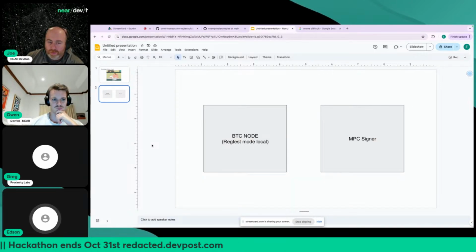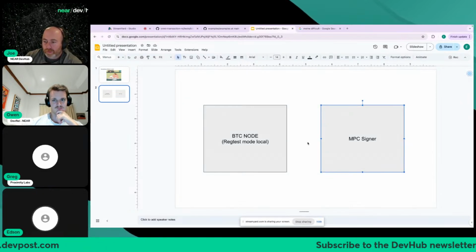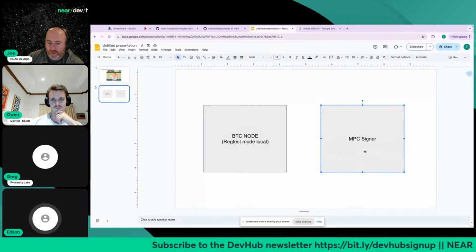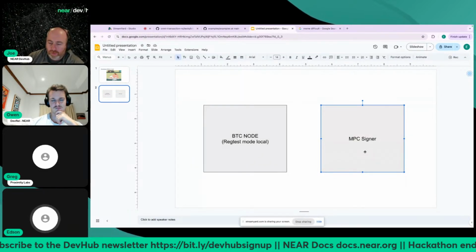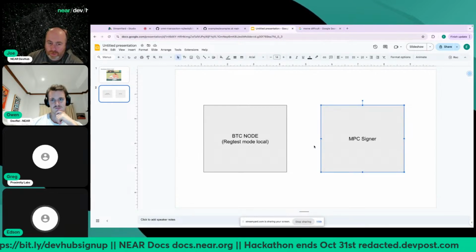But there are other particularities here because we have the MPC signer, which lives in two places right now. We have a testnet where we have this MPC signer and we can request signatures, and also the mainnet.